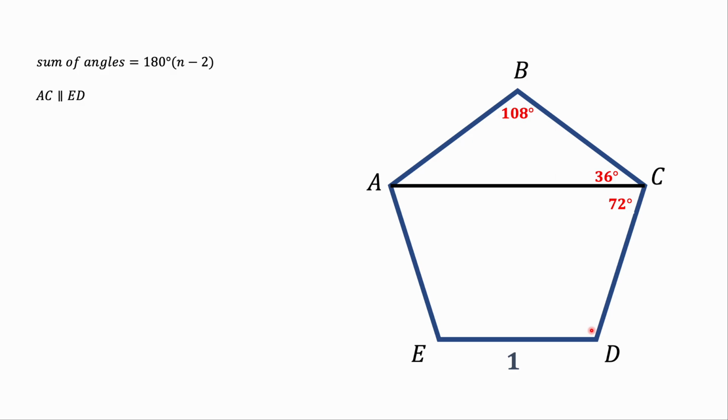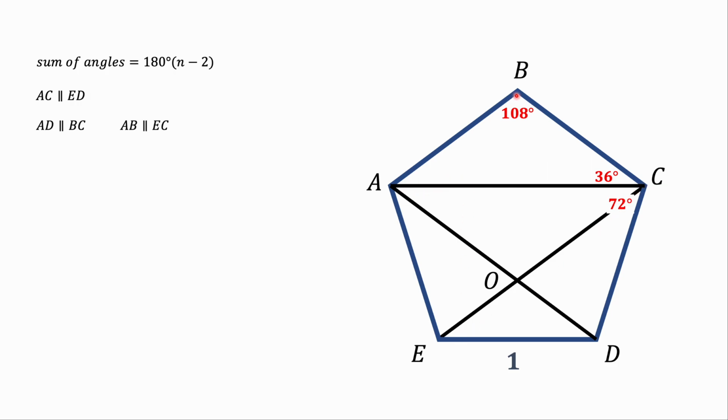Now let's draw a couple other diagonals. Again, all diagonals have the same length. And in this case, for the same reason, looking at the pentagon from a different angle, we find that AD will be parallel to side BC and EC will be parallel to side AB.